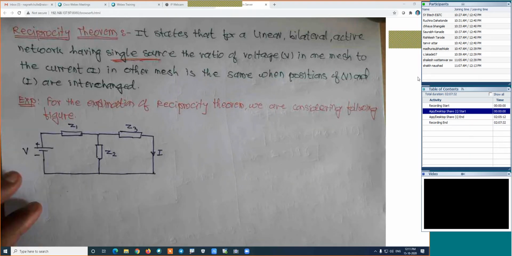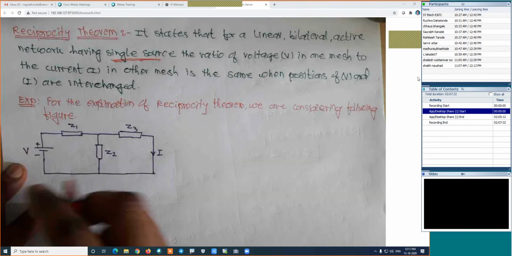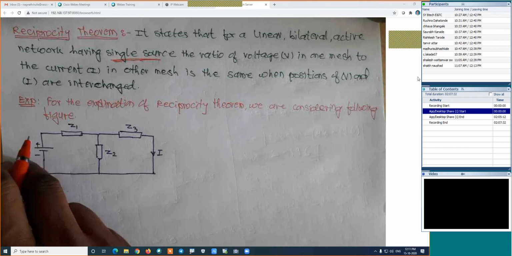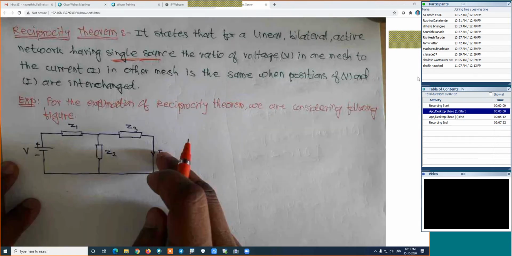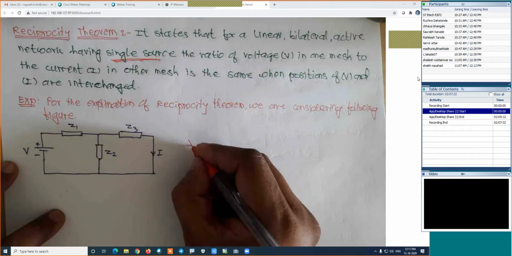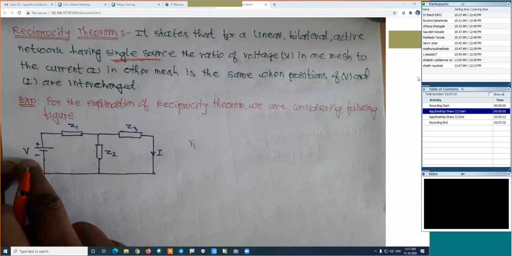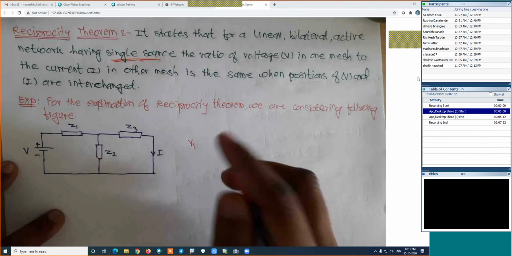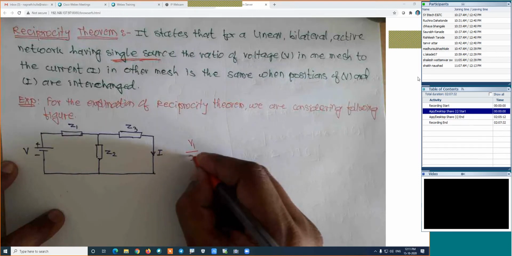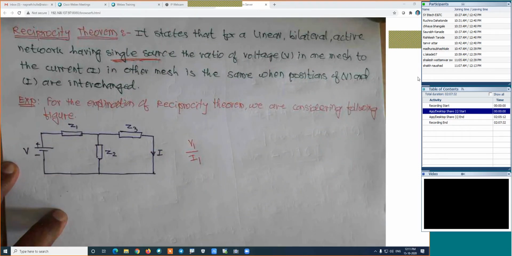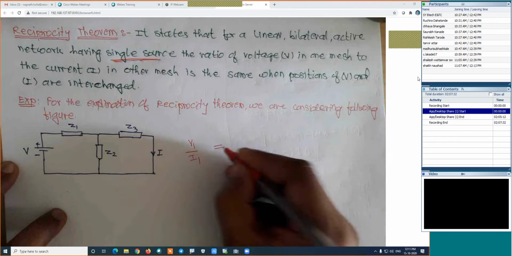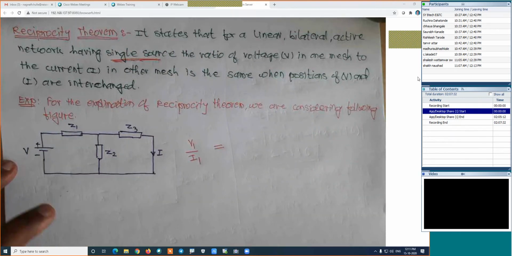If here is voltage V and here is the current I, what does the theorem say? This is loop 1, this is loop 2. If this voltage is the voltage of the first loop branch and this is the current, then the ratio of V1, I will assume this is V1 for case 1 and this is I1 for case 1, is the same as the ratio when the positions of V and I are interchanged.